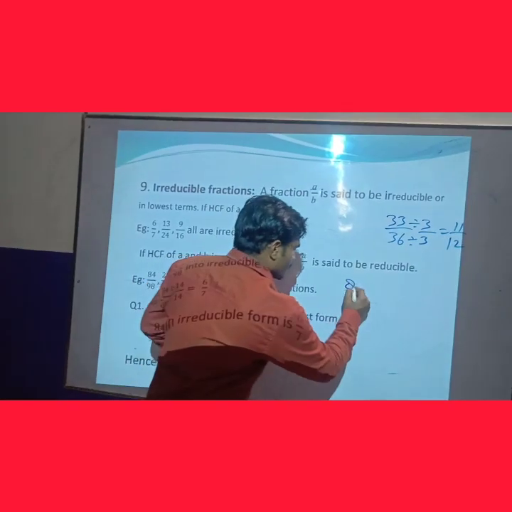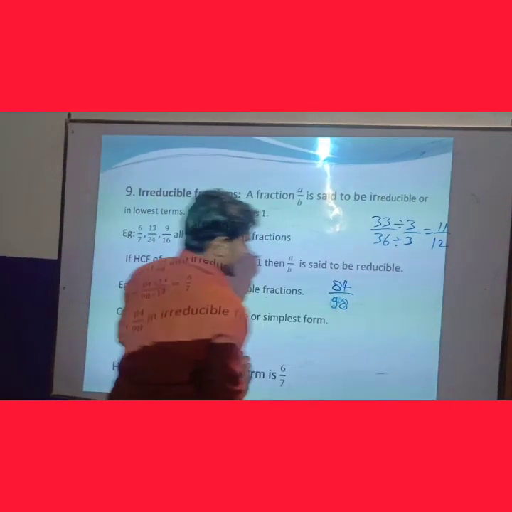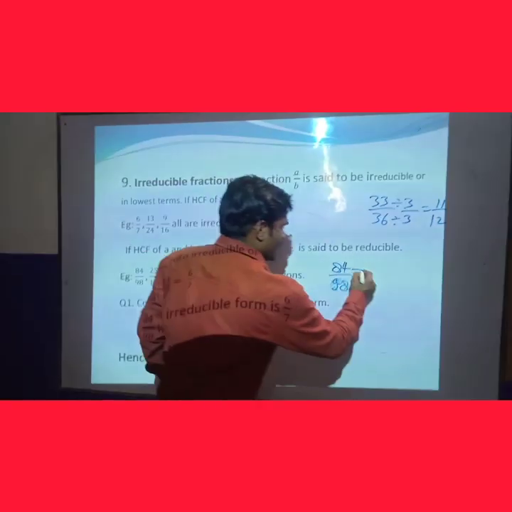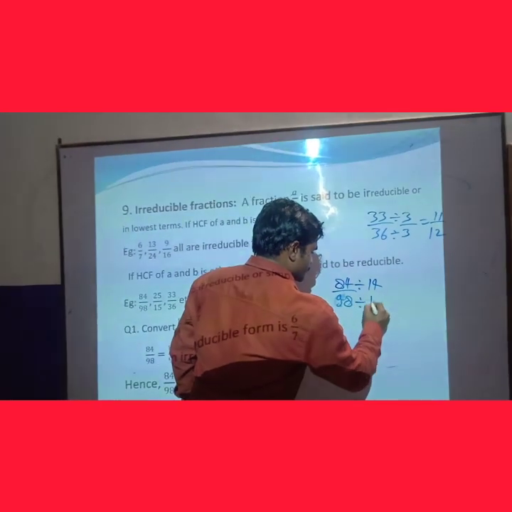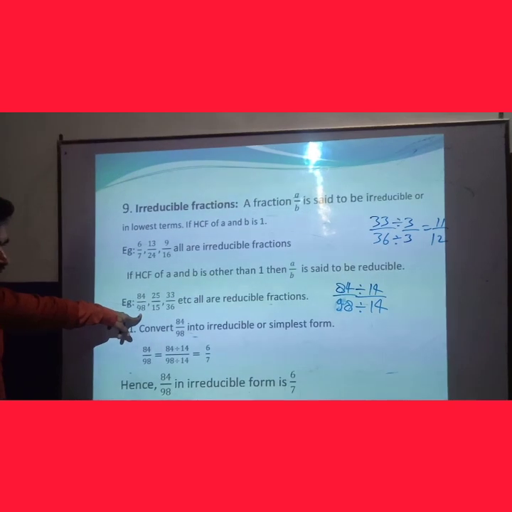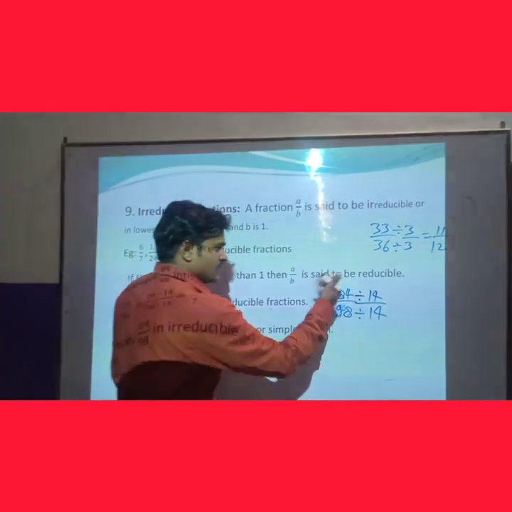Both are divisible by 14. Yes, it means the HCF of 84 and 98 is 14. Okay, so it is reducible, we can reduce it.